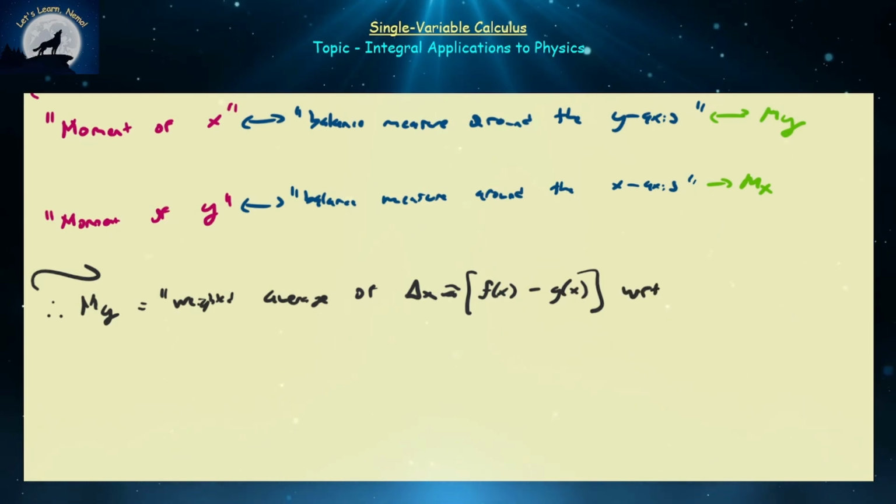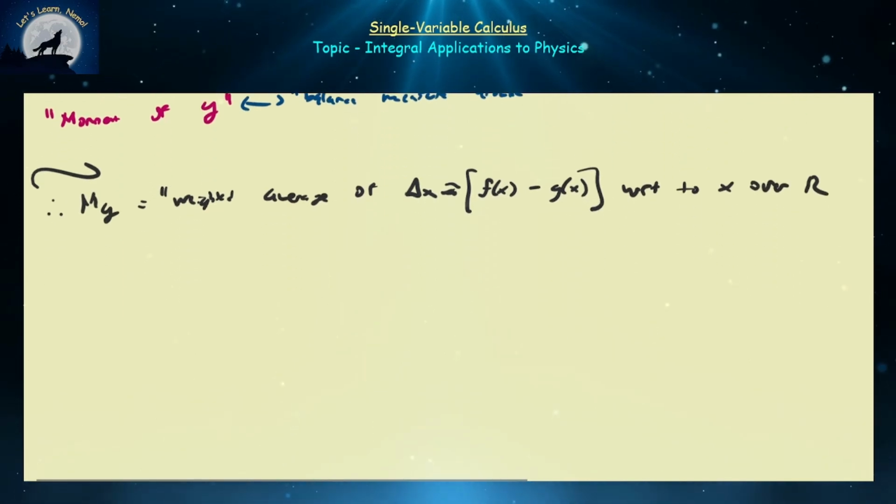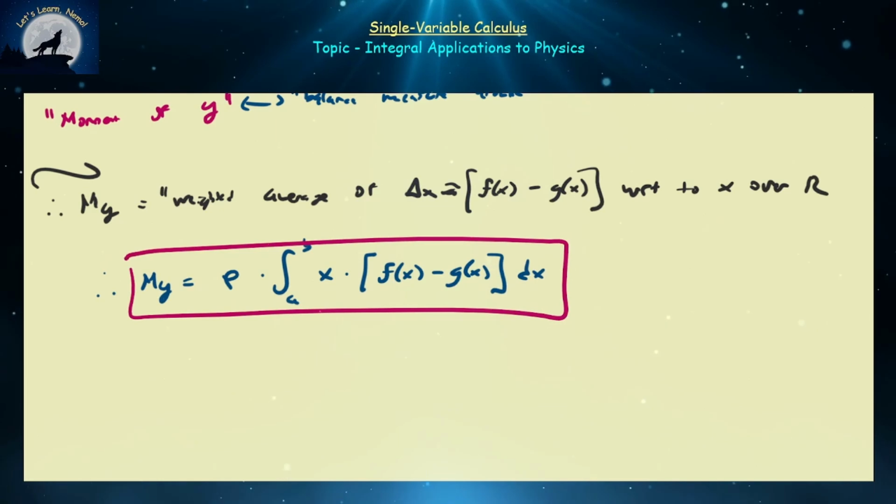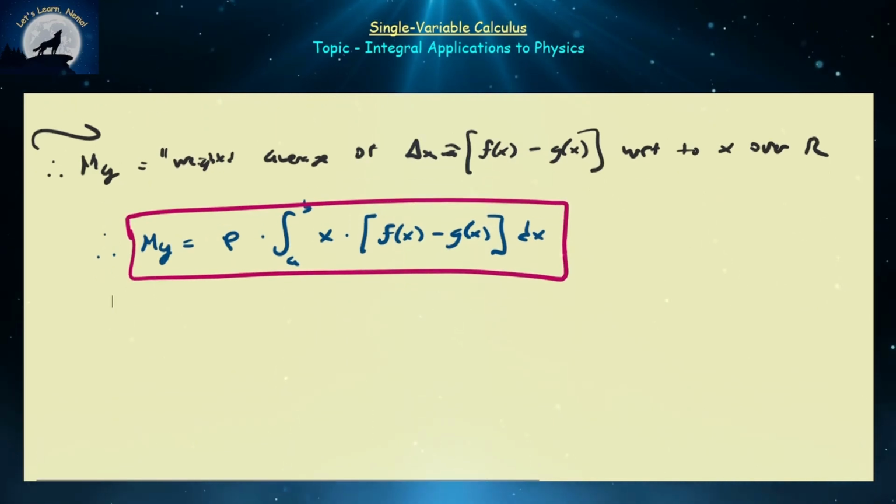And that's obviously going to be with respect to x over our region, in particular a to b. So using this idea and definition, My will be equal to the density times the integral from a to b of our weighted average, so x times those differentials, f of x minus g of x dx. So that gives us our moment of x, My.